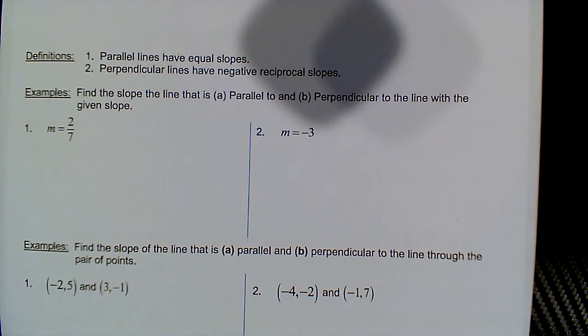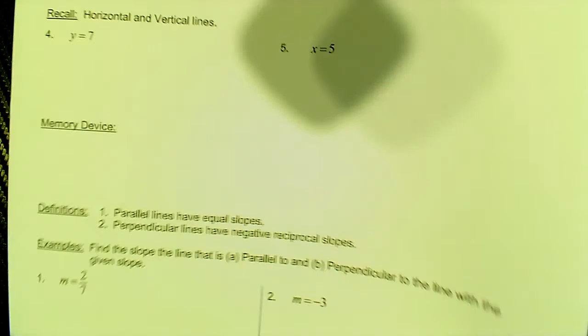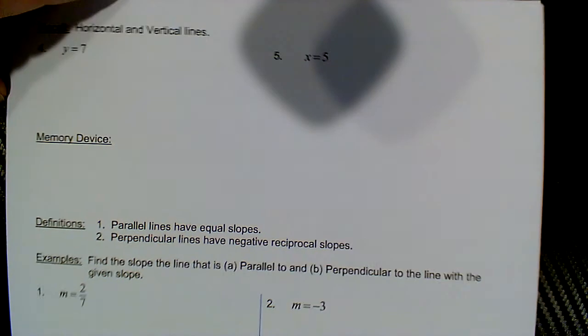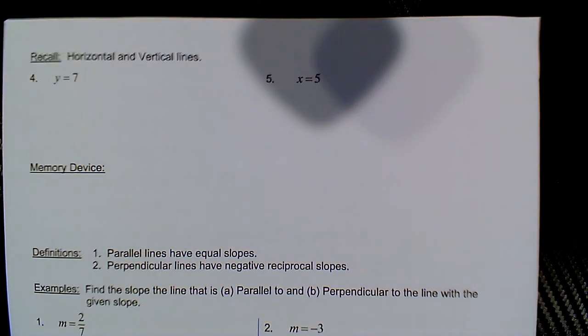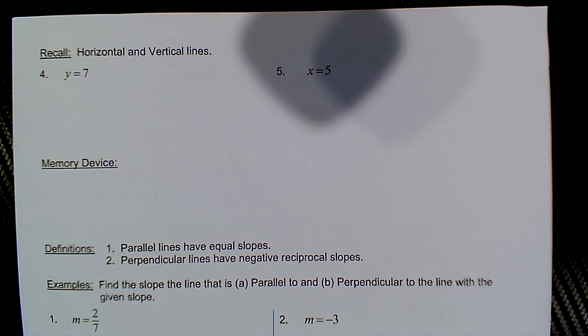So by inspection of that line, we can see that it's horizontal. And when we have a horizontal line, the slope is 0. Because we're not moving uphill or going downhill, we're on a flat surface essentially.